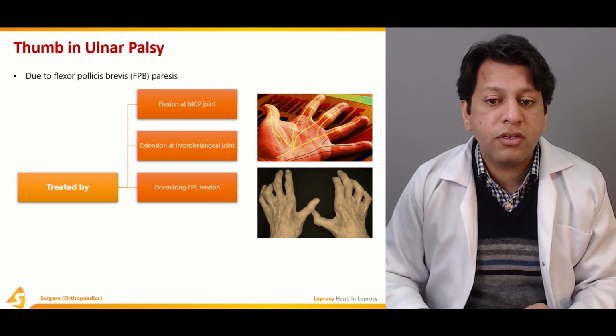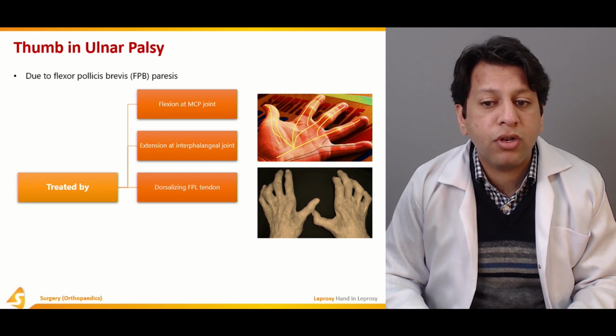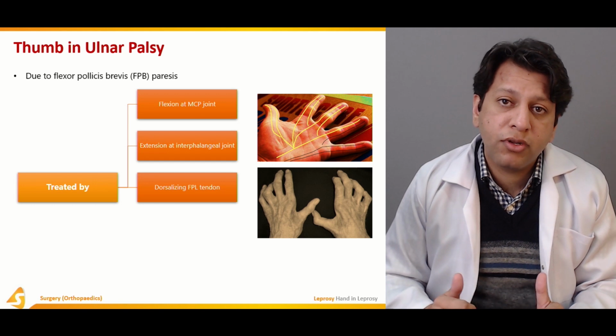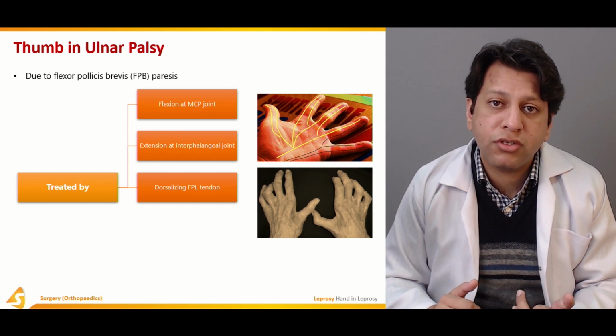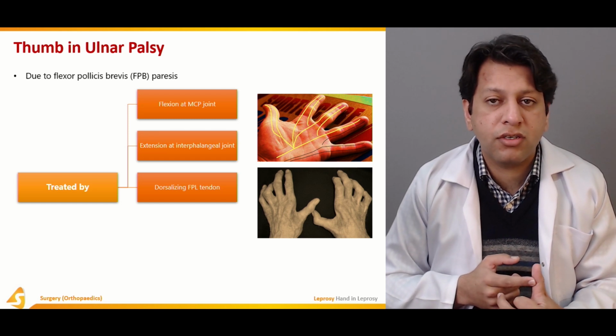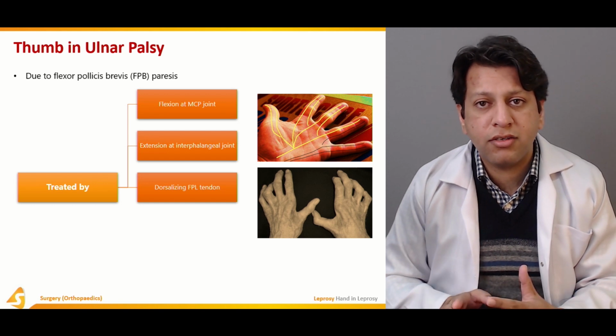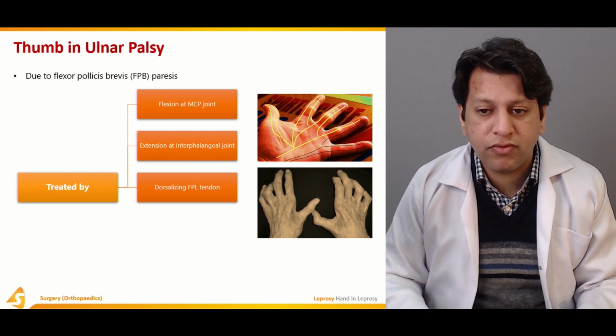Another option is dorsalizing the flexor pollicis tendon. Flexor pollicis longus causes flexion of the thumb at the distal interphalangeal joint, but this can be dorsalized so that the claw hand can be corrected in case of ulnar nerve palsy.